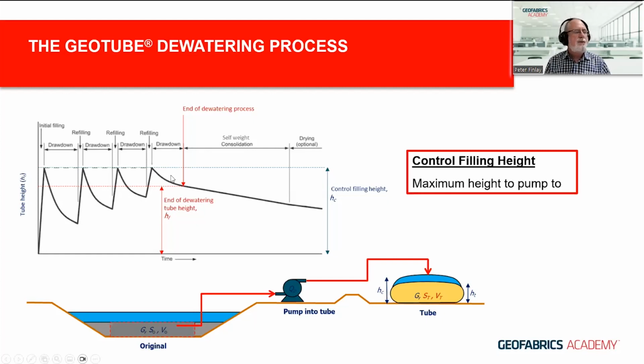And often that's defined by if in the end you're only pumping for 10 minutes to get a last little bit in, it's becoming inefficient. So you've really reached the capacity. Then you're leaving the geotube on site to dewater and then slowly consolidate over time.